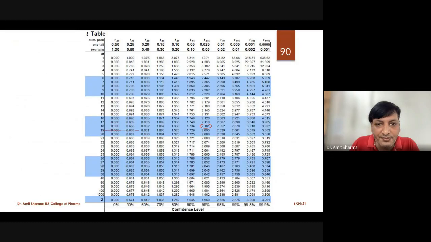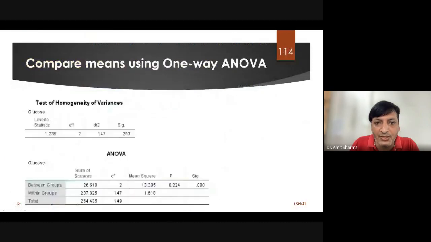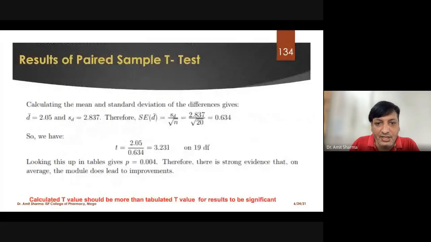This is the line for 19, and if we are looking for 0.05, then the value will be 2.09. So we have to compare with 2.09. We will remember the value, and we'll go back to our test called paired sample, and we can see that the tabulated value is 2.09, and we have to compare our this value with this one.